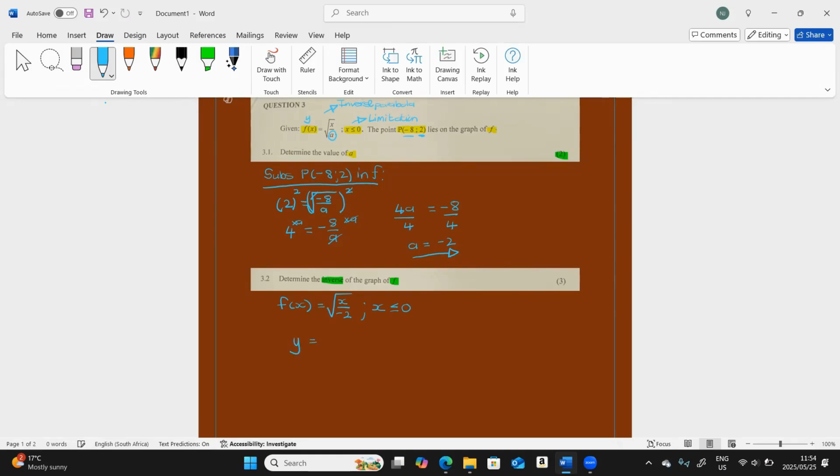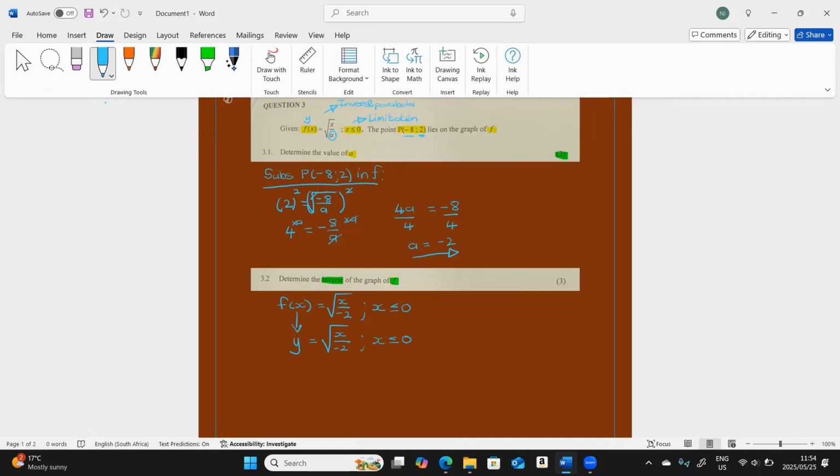Just change the f(x) to a y, because that's going to make it easier for you to swap around x and y. And then you just leave your limitation over there. All we did is change f(x) to y. That just makes it easier, because now you know that you need to change your x and your y around when you get to your inverse.